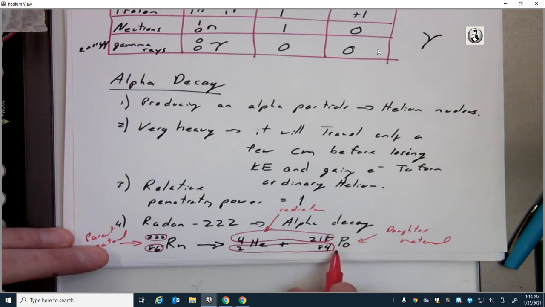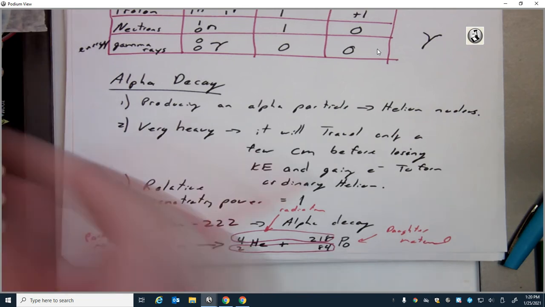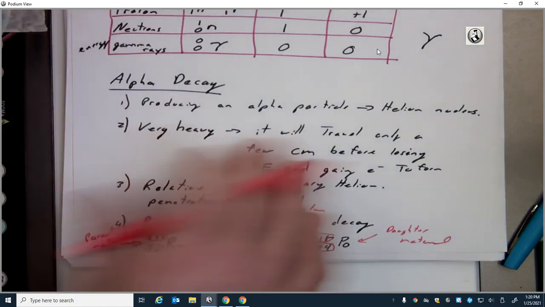The polonium daughter material is going to have less energy than the radon. So the radon is unstable, and it's going to give off the radiation to become polonium. All right, that's our first type of decay. The second type of decay we're going to talk about is beta decay.